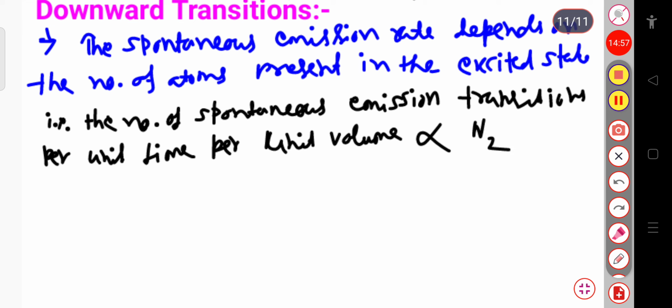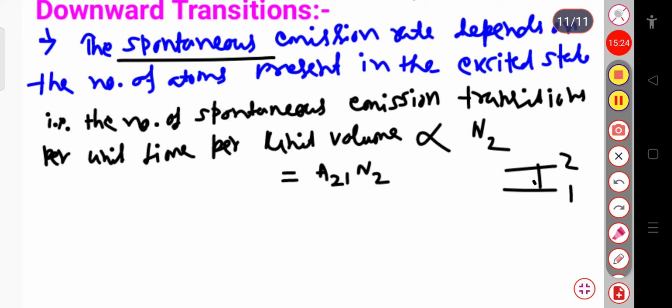So because of this proportionality symbol, simply I can write this will be equal to A21 into N2. Since these are downward transitions, I am writing another coefficient A, that is A21. For the spontaneous one I am simply writing A, and since this is a downward transition, I am writing 2 1. From the 2 state to the 1 state, that is a downward transition.